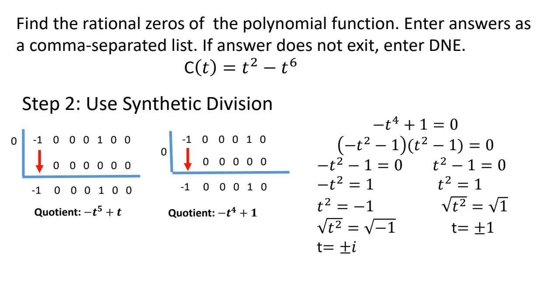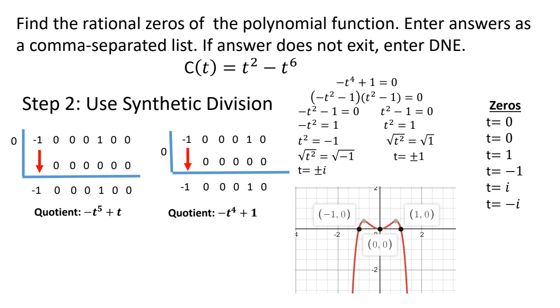And for the other one, t is equal to plus or minus 1, right? So this will give us our list of zeros. At 0, because we had a double multiplicity, the graph touches the axis. And then we have -1 and 1 for our zeros, and then we have two roots that are not on our plane because they're imaginary.